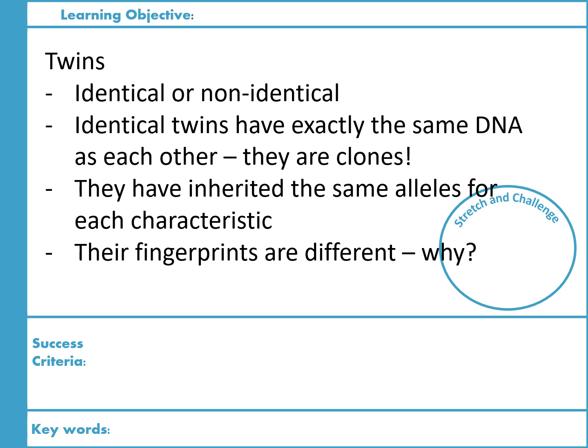You can't have identical twins that are male and female, of course. There is one thing that is different in identical twins, and that's their fingerprints. I wonder if you know why, and perhaps you can go and find out about that, or maybe ask your teacher if you haven't managed to find out in your in-school session.